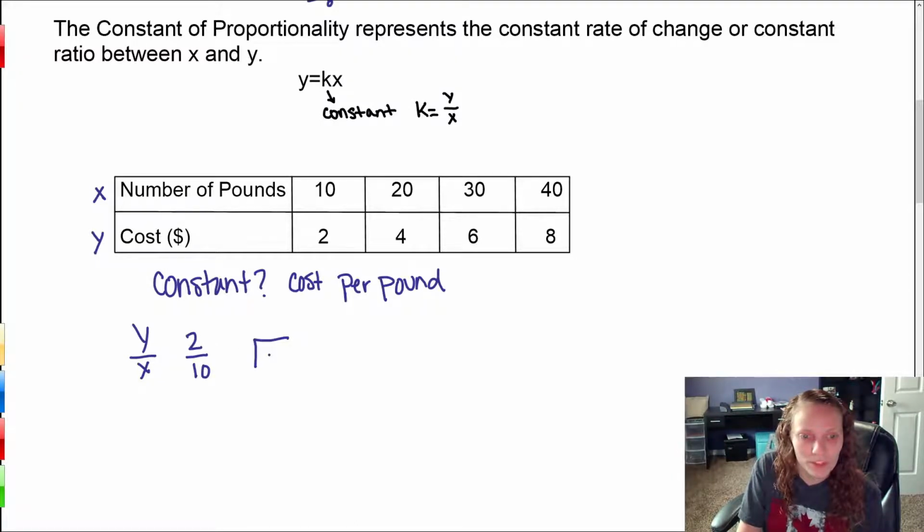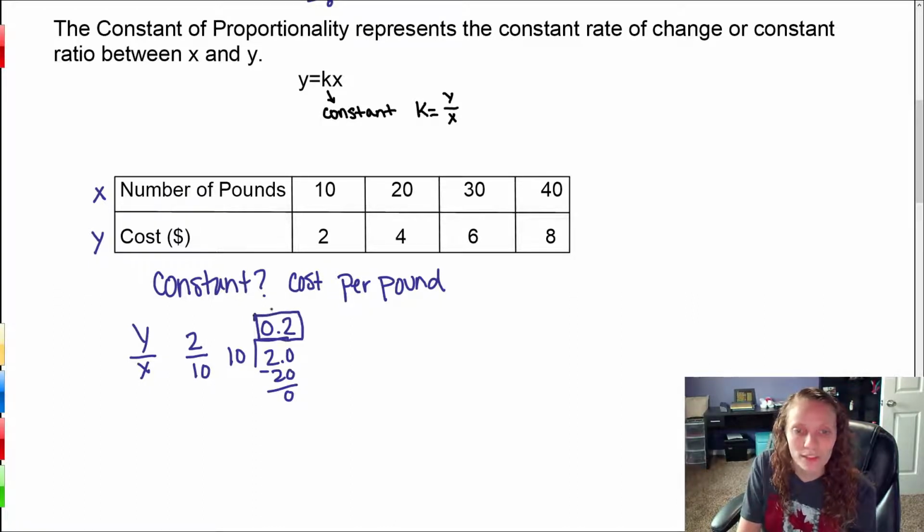Remember, first number goes in, last number goes out. 10 does not go into 2, so we're going to add a decimal and a 0. 10 does go into 20 2 times. When we subtract 20, there's 0 left over. So I'm getting 0.2 here. We need to check the rest to make sure that it is also constant, because if any of these numbers messes up, it is not a constant rate of change and we cannot find the equation for it.